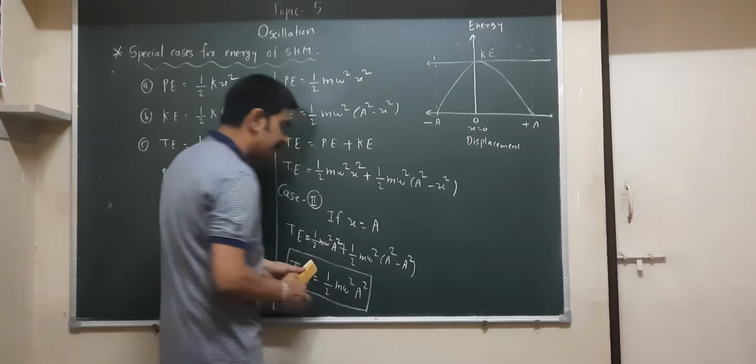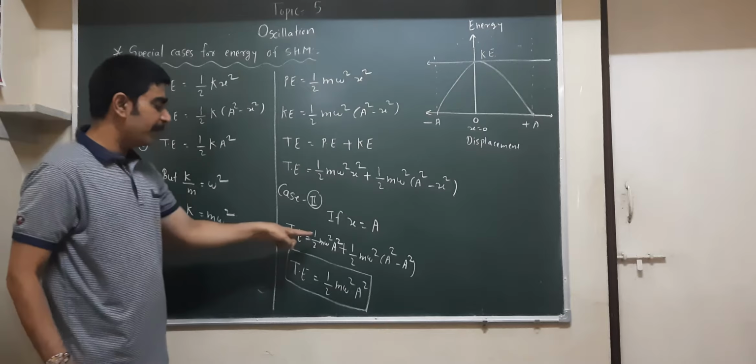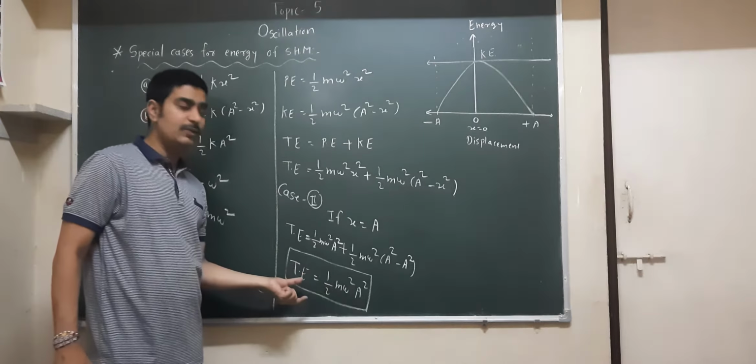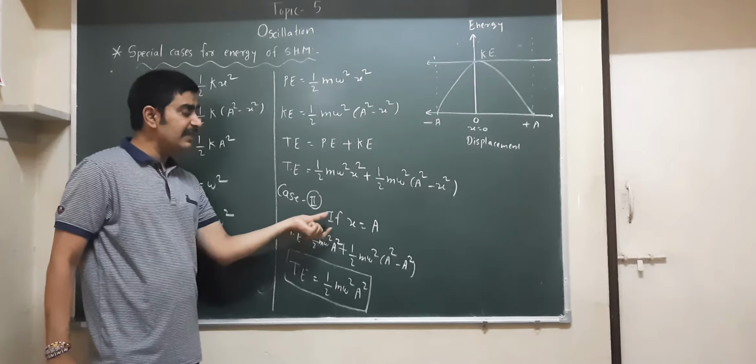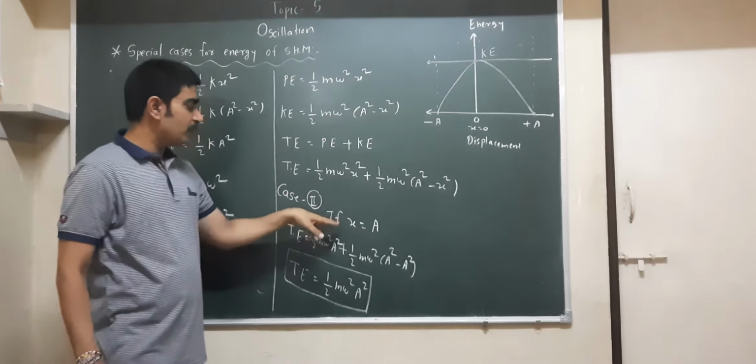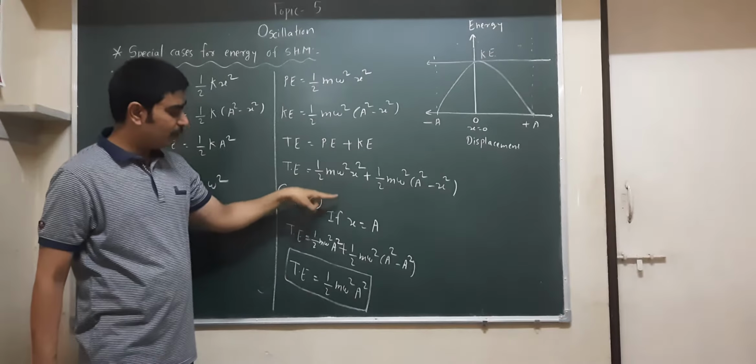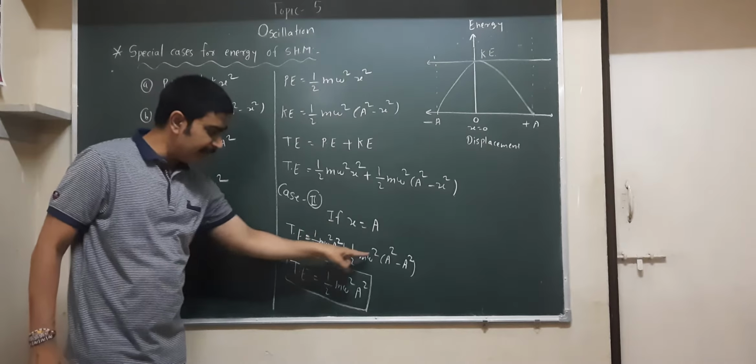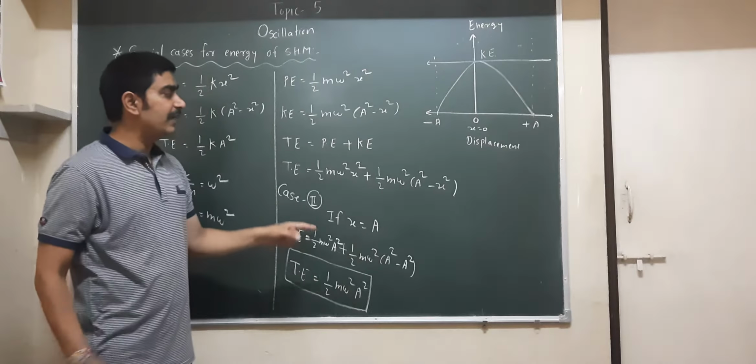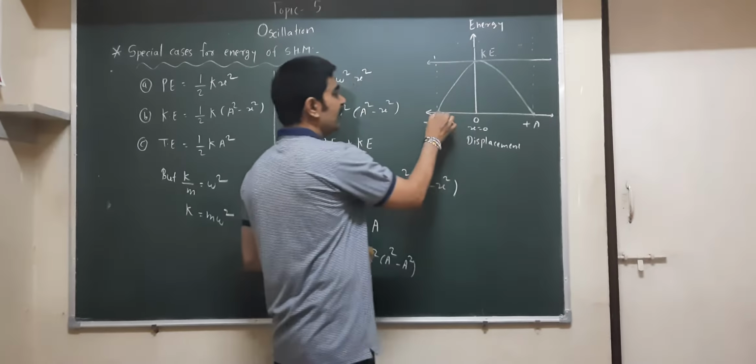So this a square minus a square is 0. So half m omega square a square, that is the total energy. So at x is equal to a, the total energy is the potential. You can observe the potential energy is there and the kinetic energy is 0. So at x is equal to a, the energy is the potential.